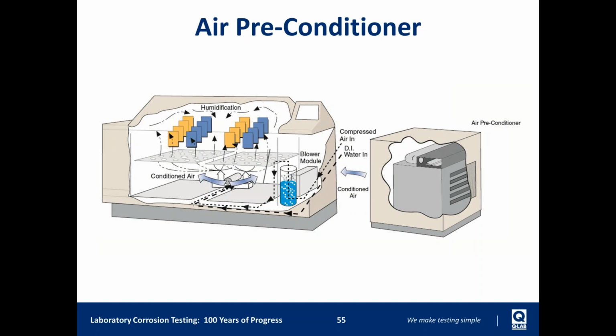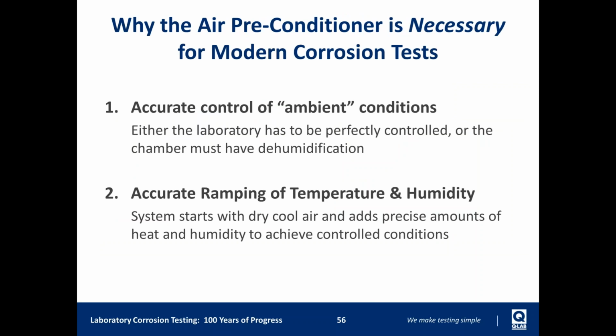And with our tester, you can do it with cool dry or hot dry air. That's used to control the relative humidity in the chamber, and that gives a much wider range of what can be reached. So a lot of times you'll get the question, do I need this?